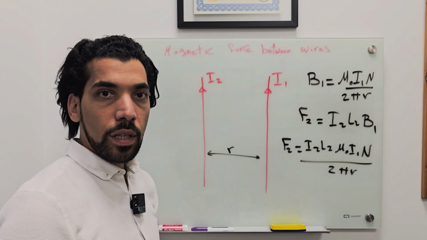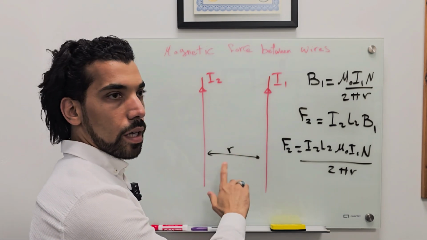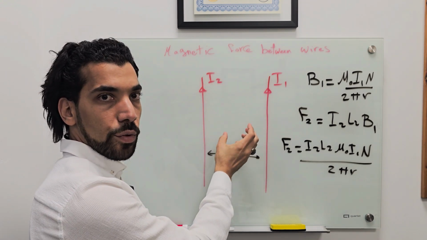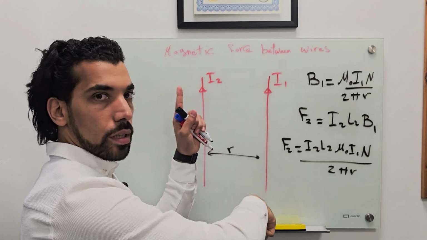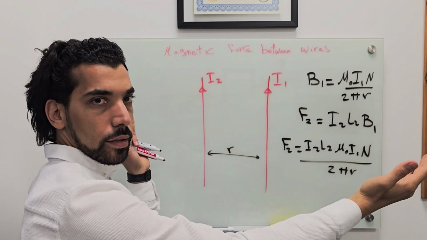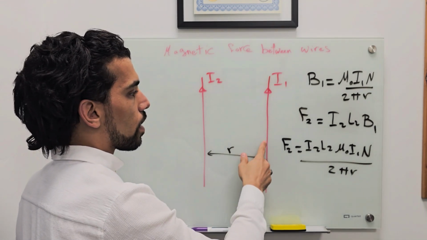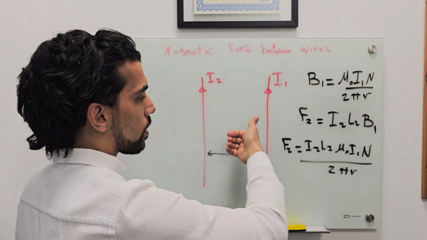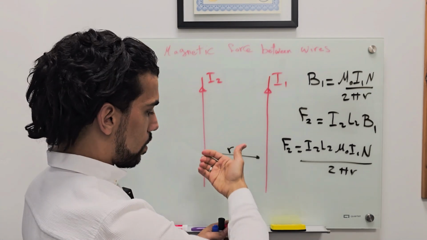For the force itself, how is it? If the currents inside these two wires are moving in the same direction, that means they are attracted to one another. Okay? If they are opposite to one another, they repel. And we can check this by finding the magnetic field here. So if this one is going up, then the magnetic field is pointing outside of the board.